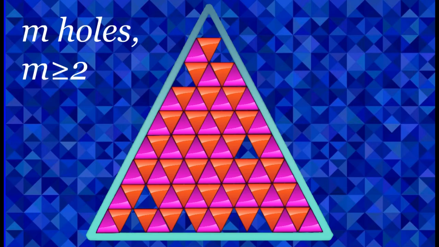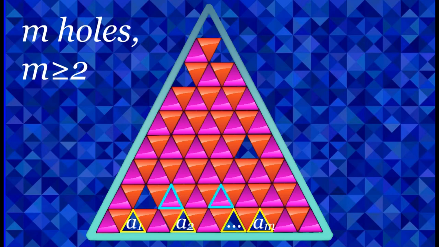Let us denote the holes of B, from left to right, by A1, A2, and so on, until Am. For every 2 adjacent holes in the last row B, we choose an upward unit triangle between these holes, which is found in the row right above B. Let us denote these upward unit triangles by B1, B2, and so on, until Bm-1.